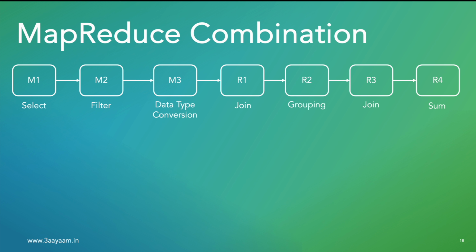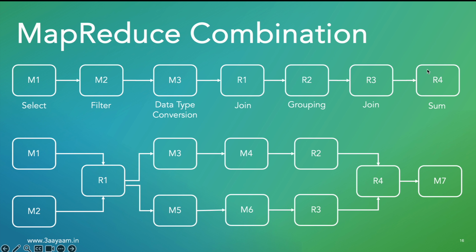The output of M1 is input to M2 and the output of M2 is input to M3. Then the output of M3 is going to reduce 1, reduce 2, reduce 3, reduce 4, and all of them are running aggregation logic like joining, grouping, summing, etc. So this is one linear flow which can happen.